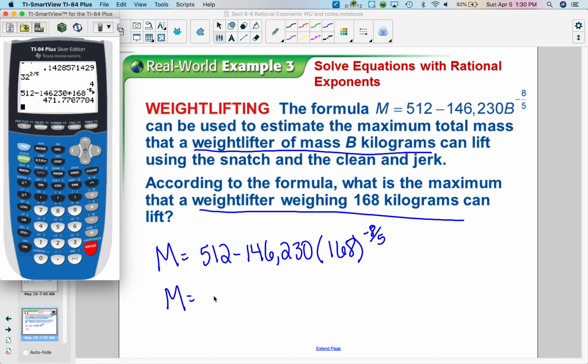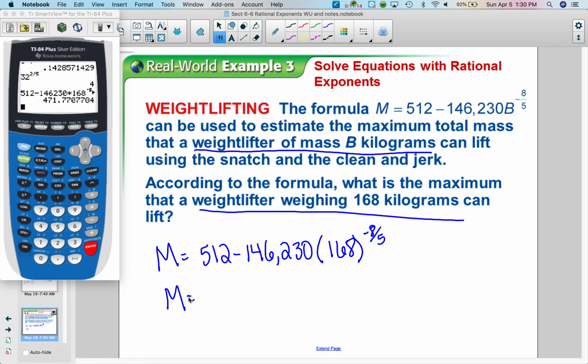And when you do that, you get approximately 471.8, and this would be kilograms. Okay, so not a hard problem to do, and you're just going to use your calculator to evaluate that.